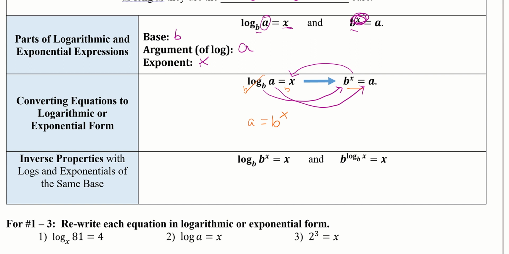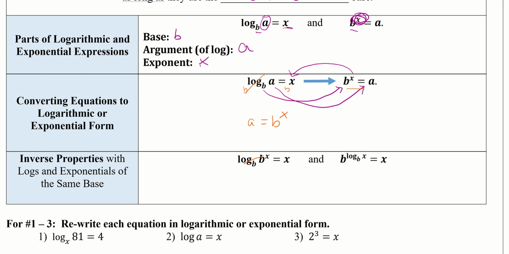So that's one way that we're going to go about that. So here's a few of the inverse properties of a log. Look here, log base b of b, again, if the bases match, they kind of cancel each other out.